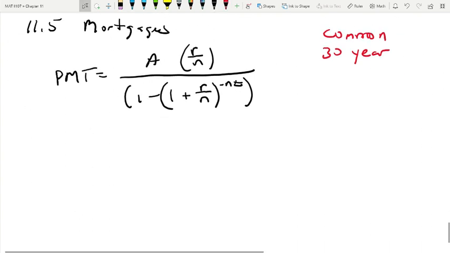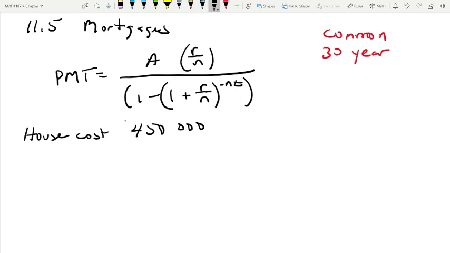So let's look at this question. So we have a house that costs $450,000 and requires a 20% down payment.